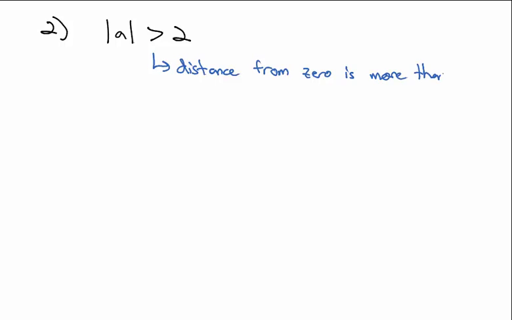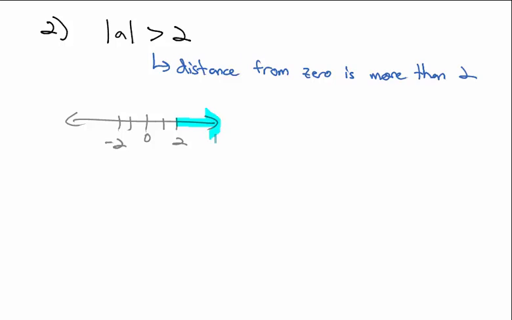That's different than if the absolute value were greater than 2. Because now we're saying the distance from 0 is more than 2. And so if we were to think about that on a number line, we want distances that are greater than 2 away from 0.